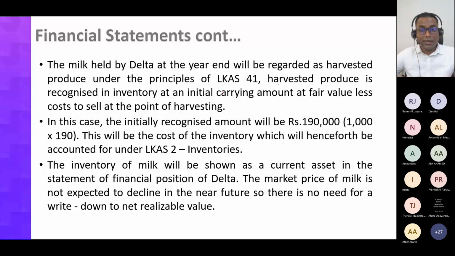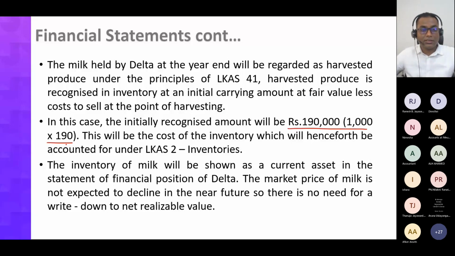So if I read it, milk held by Delta at the year end will be regarded as the harvested produce under the principle of LKS 41. Harvested produce is recognized in inventory at an initial carrying amount of fair value less cost to sell at the point of harvesting. In this case, the initial recognized amount would be 190,000 rupees.